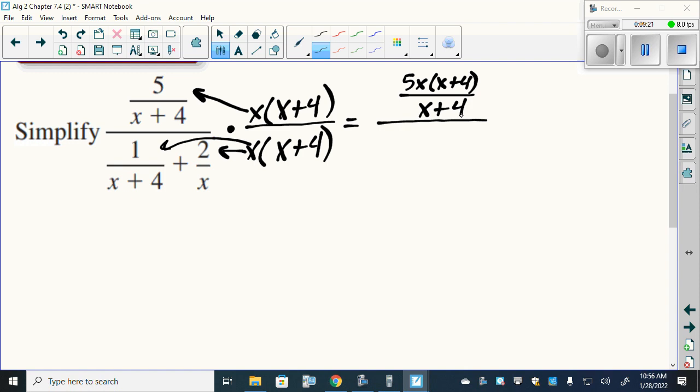In the denominator, for one of them, we're having x times x plus 4 times 1, which is just x times x plus 4 over x plus 4. Plus, here we're going to have 2 times x plus 4 over x.